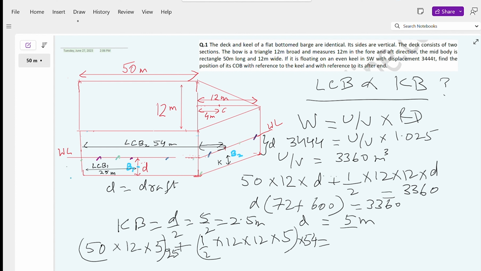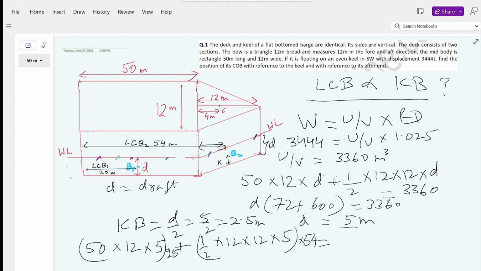And for the triangle, the centroid will be 1/3 of the height from the base, so 1 by 3 into 12 is 4 meter. So 4 is from the base of the triangle. But we have 50 meter in the aft, so 50 plus 4, total will become 54 meters from aft.